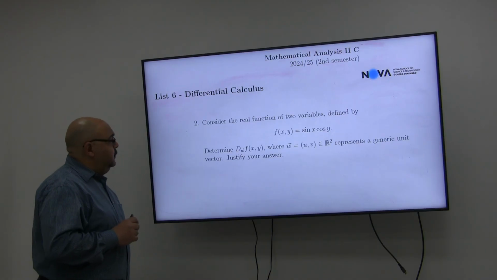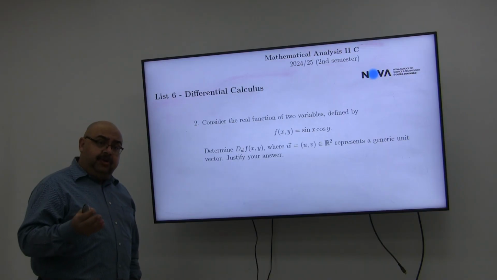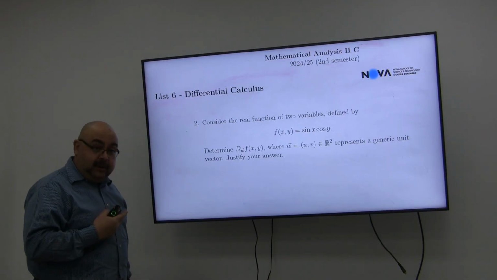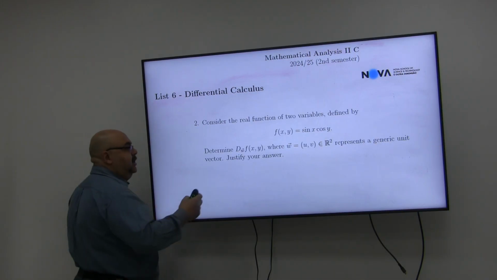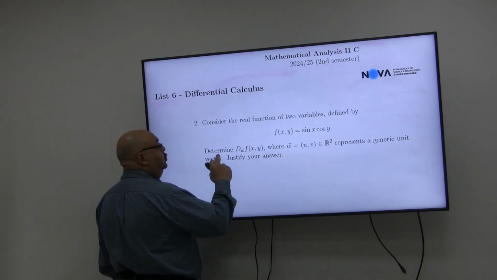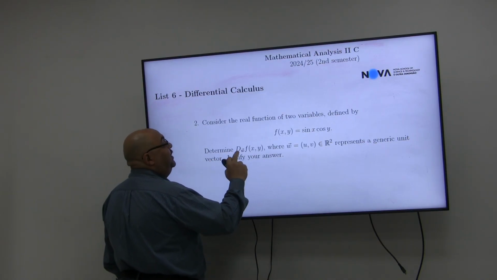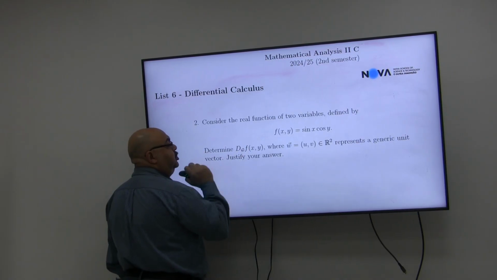In this problem, he gives you f of x and y. It's a function from R2 into R, as you can see, and as I told you, don't panic. It's f(x, y) = sin x cos y. He wants you to determine the directional derivative of f in the direction of w.